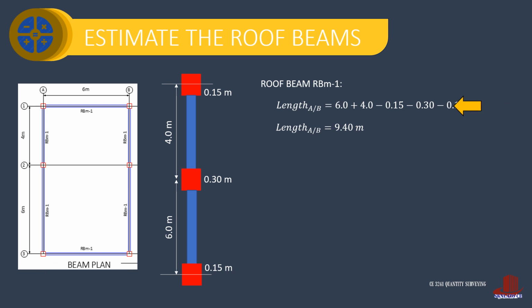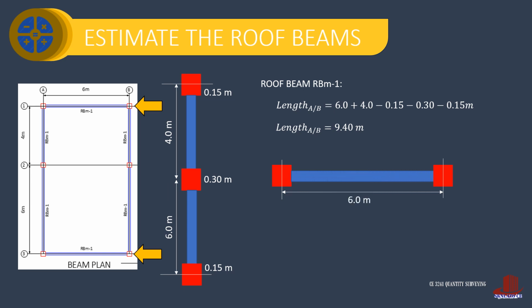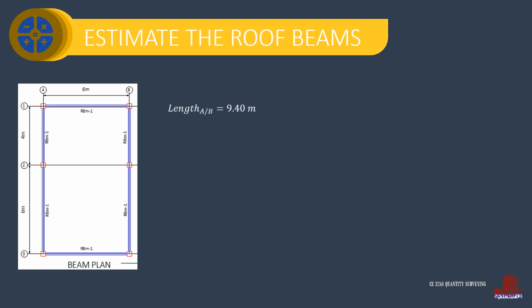Next are grids 1 and 3, the span of which is 6 meters, then reduced by half of the column width from both ends. So the length is 6 less twice of 0.15, making it 5.7 meters. Take the summation of lengths, that is 9.4 from grids A and B, then 5.7 from grids 1 and 3.